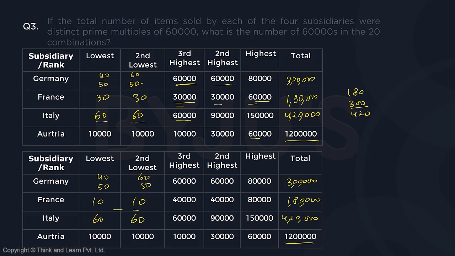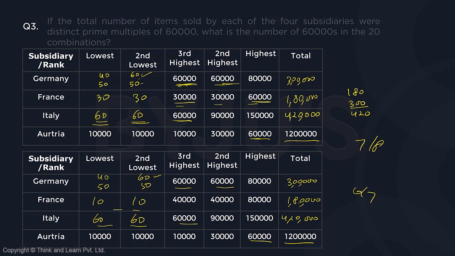If the total number of items sold for each of the 4 subsidiaries were multiple of 60,000, what is the number of 60,000s in the 20 combinations? It could be what? 1, 2, 3, 4, 5, 6, 7 or 8. In the second case it is 1, 2, 3, 4, 5, 6 or could be 7.